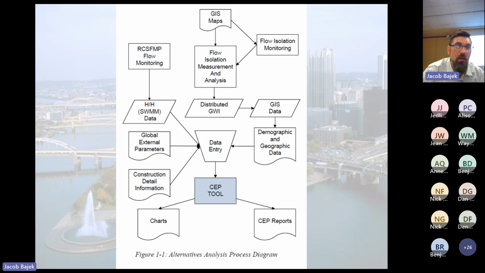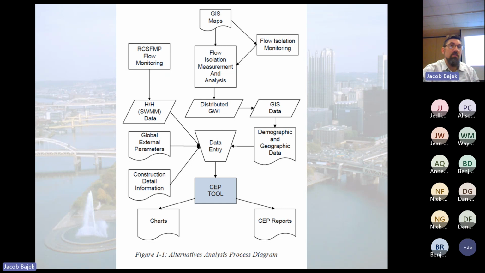And you can see, we have RCS FMP flow monitoring data. This could be updated to contemporary flow data as well. You have your H&H model data, flow isolation measurements, working with your GIS department. Here's your full GIS or flow isolation results. You're distributing GWI by a subunit.